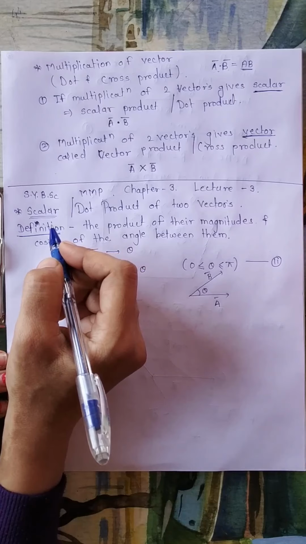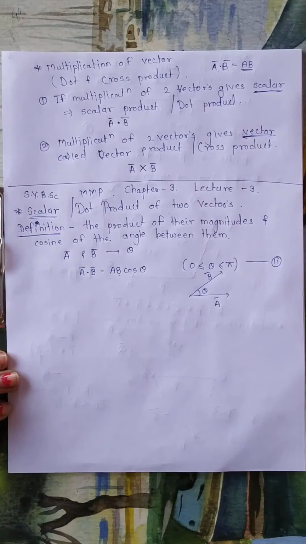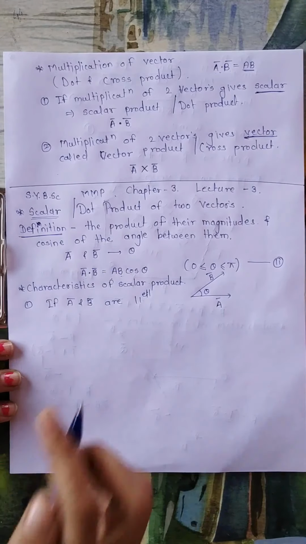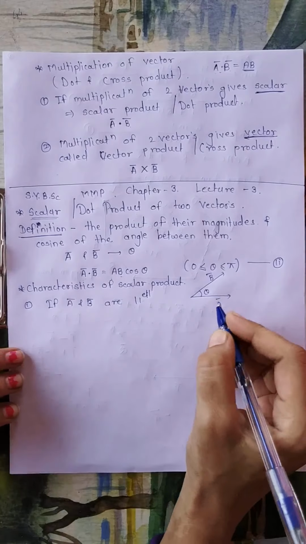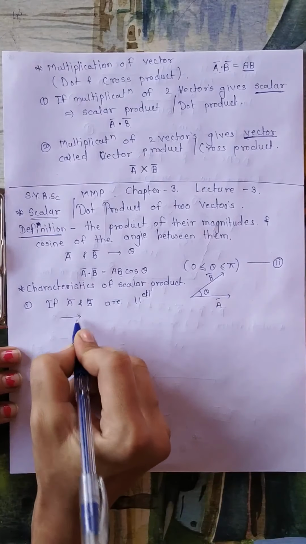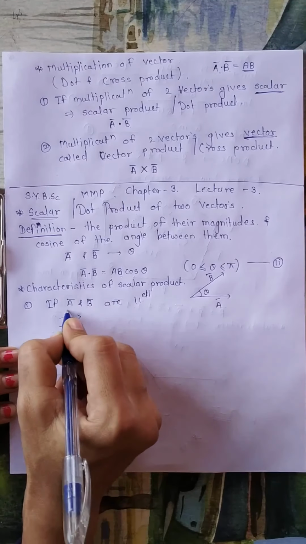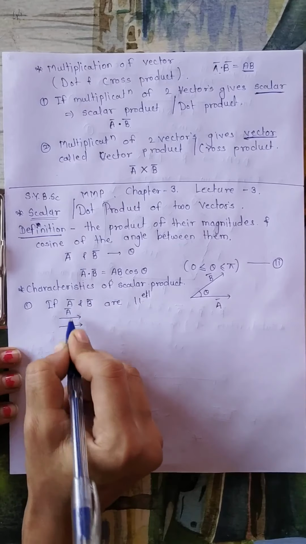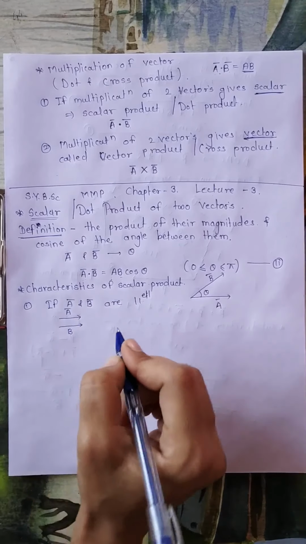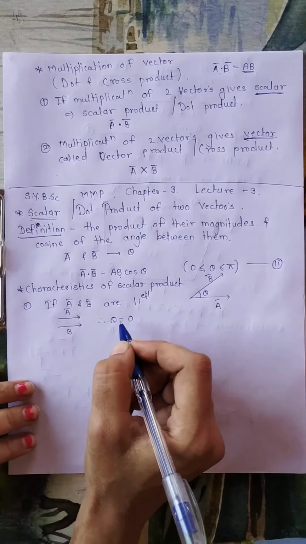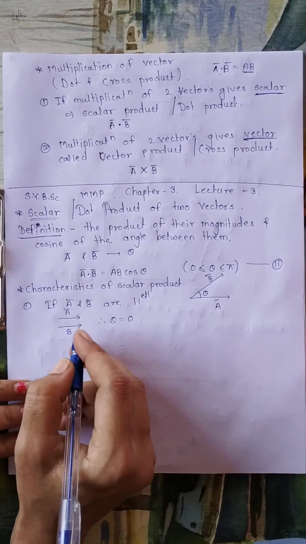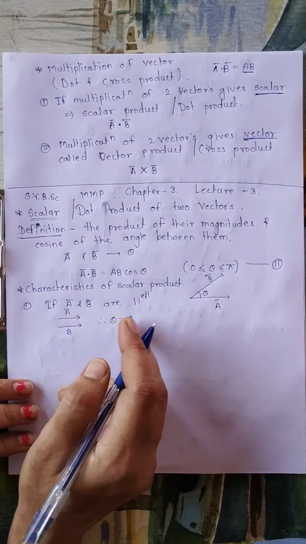Now we will discuss the characteristics of this scalar product. The first characteristic is for the case in which both vectors are parallel to each other. The picture is somewhat like this. a bar and b bar are parallel to each other, therefore the angle between them will be 0. Since they are parallel, they can't meet each other at any point.